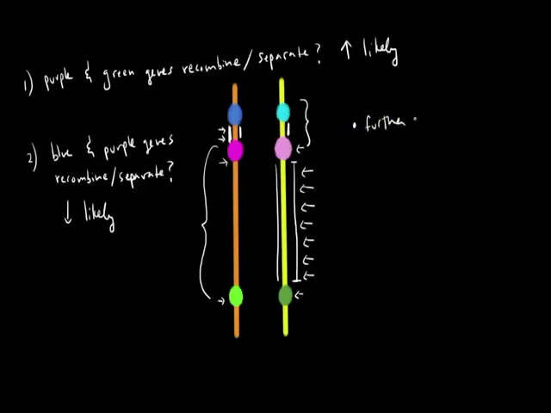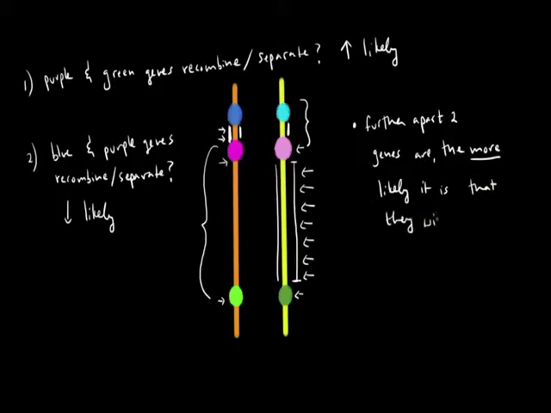and that is that the further apart two genes are, the more likely it is that they will recombine. I'm actually not sure if that's the proper way to use the word, but I use it that way, so I'm going to put it in quotes.